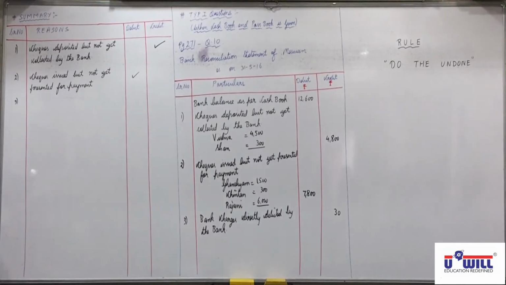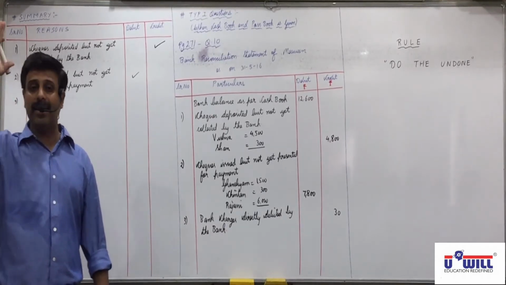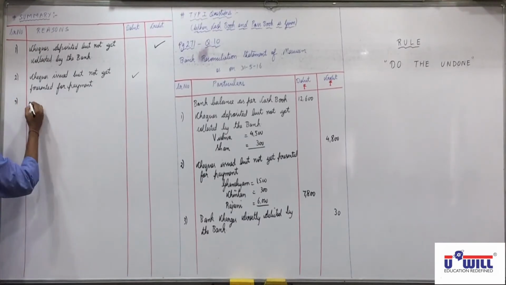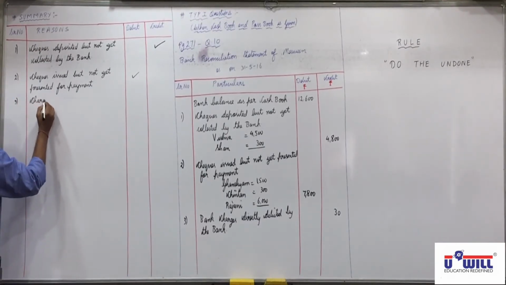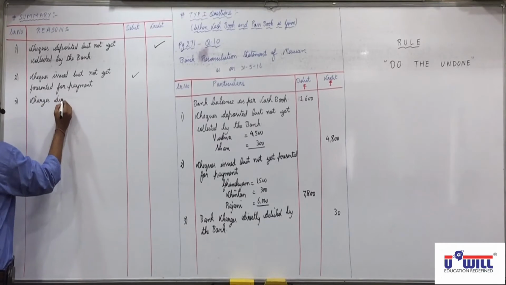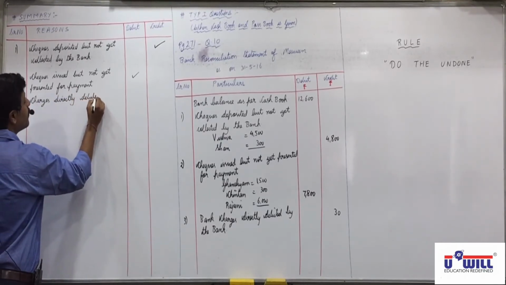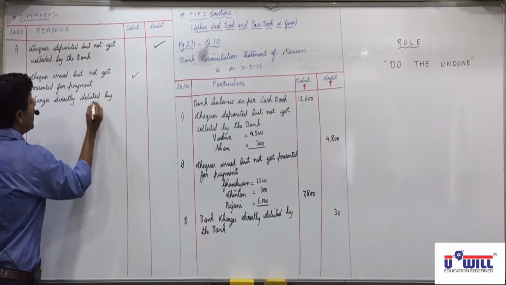Not only bank charges, it can be any kind of thing which is directly debited in the passbook. Can be SMS charges, NEFT charges, RTGS charges, any kind of charges. Okay. So we'll not write simply bank charges, we'll write charges directly debited by the bank.